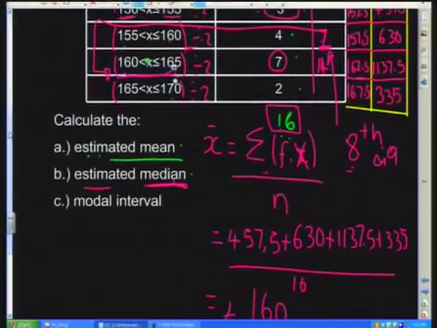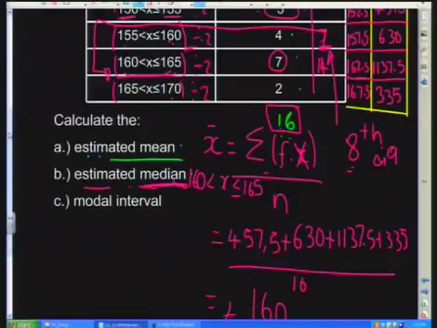If we're looking for the 8th value, we're starting from 160 to 165, so the estimated median is in that interval.